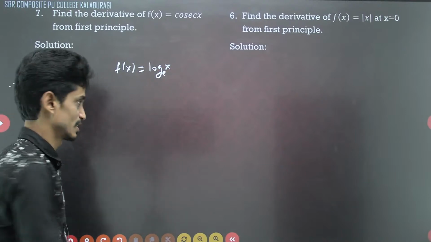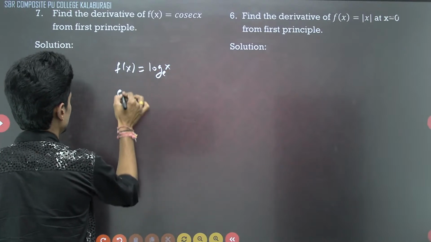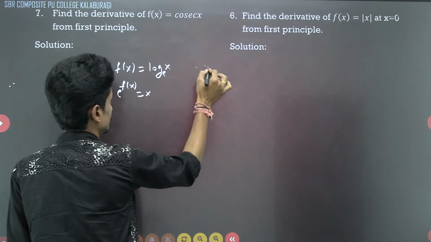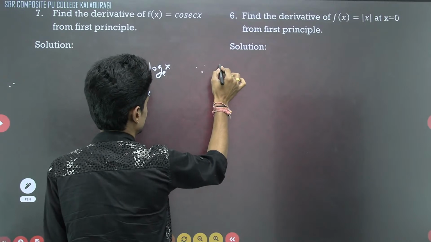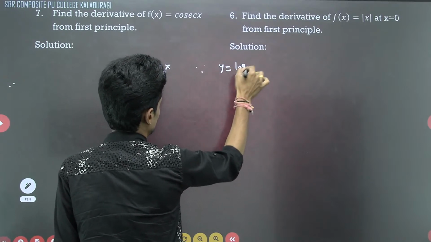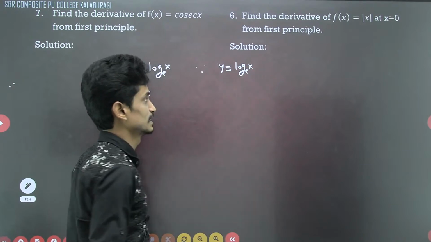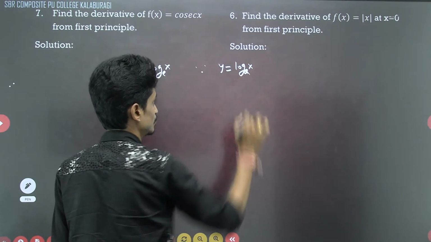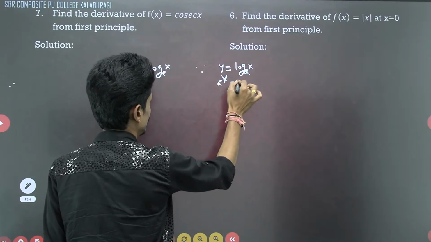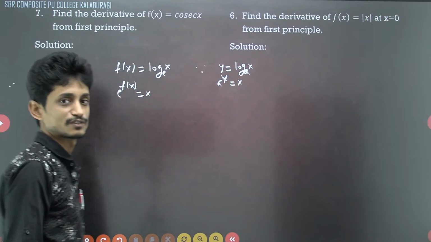This is our function. Write e power f of x is equal to x, according to the definition of the logarithmic function. Then y is equal to log x to the base e, or base a also we can take. Then a power y is equal to x. This is the definition for log x.